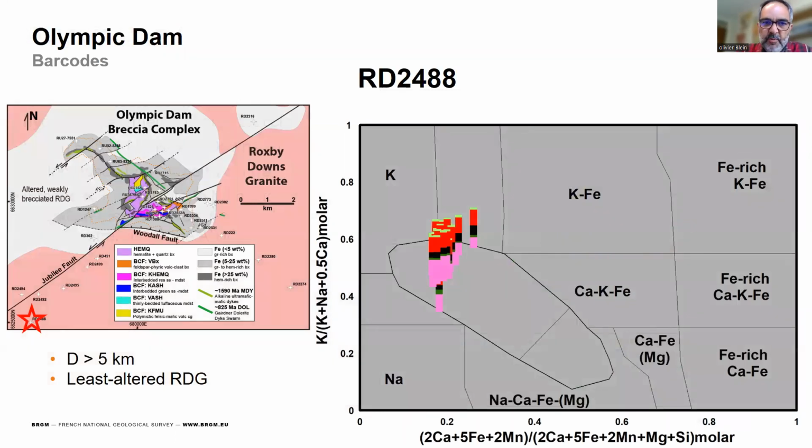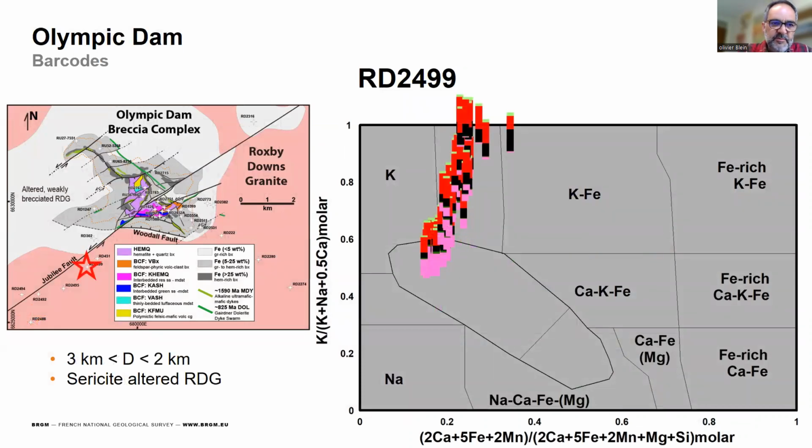For example, in the most distal borehole, host rocks are least alterated granite, and barcodes are characterized by sodium in pink and potassium in red, and plot in the field of least alterated rocks.